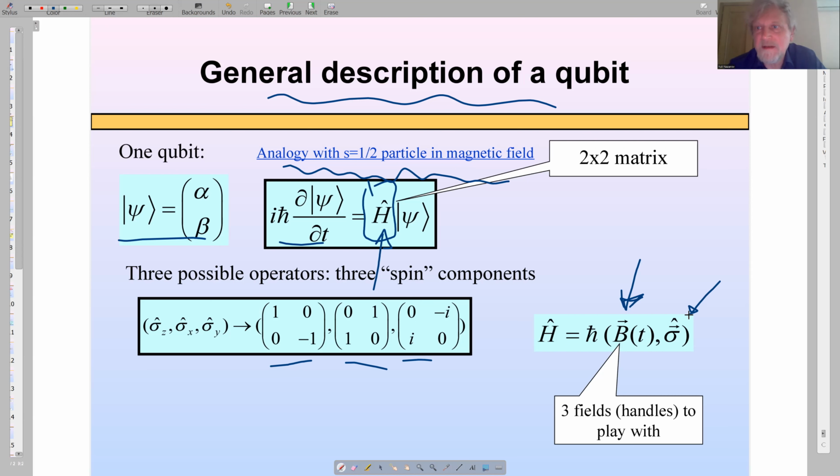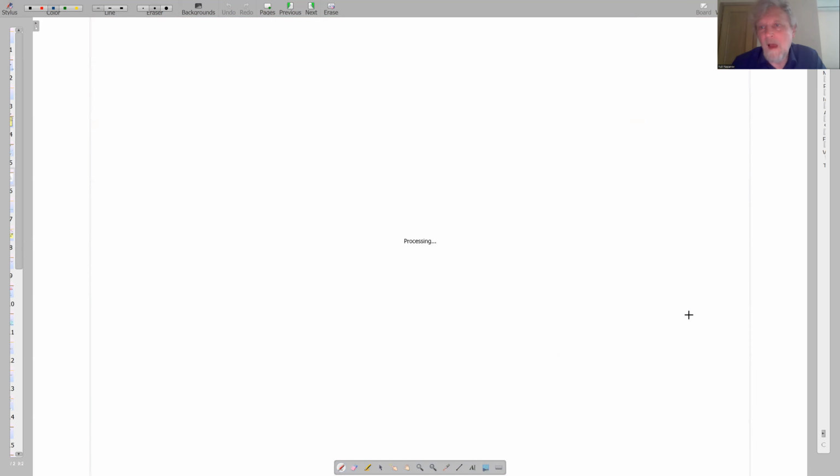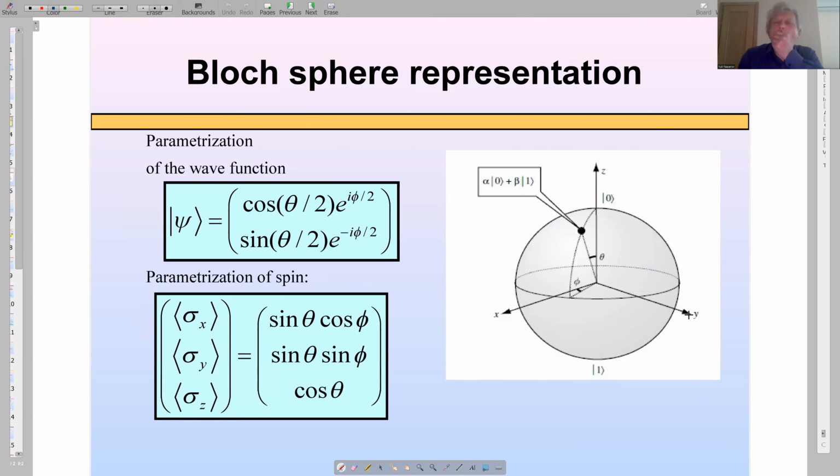Those are parameters we can change in time and thereby change the wave function. Let me talk a bit about a convenient representation of the wave function, visual and mathematical, which comes in very handy when we talk about qubits.